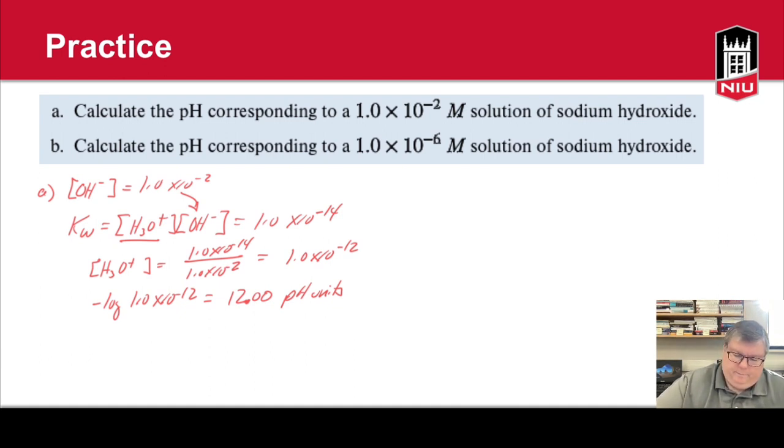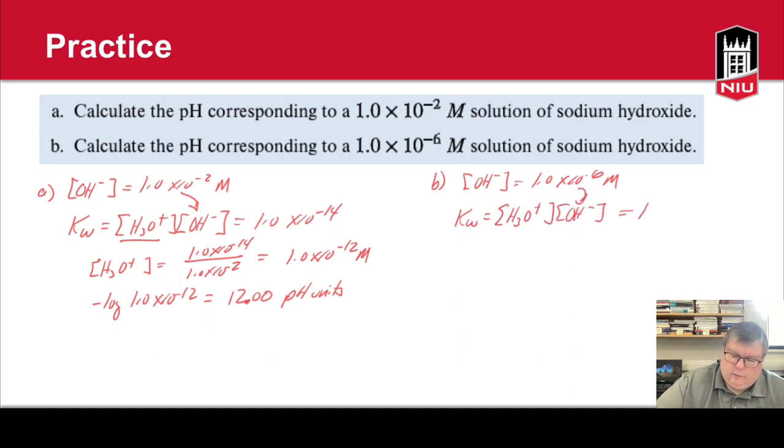Similarly, for B, the OH concentration is equal to 1.0 times 10 to the minus 6th molar. I should write molar there so that we know the concentrations. Kw is equal to H3O plus times OH minus. We're going to plug that in, which equals 1.0 times 10 to the minus 14.